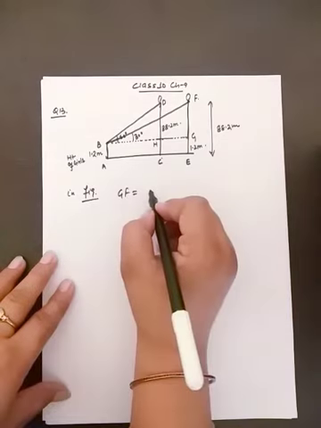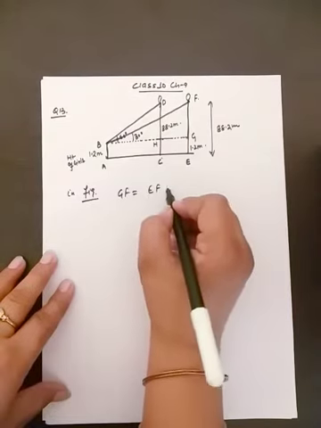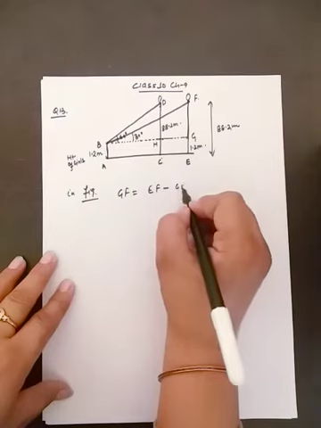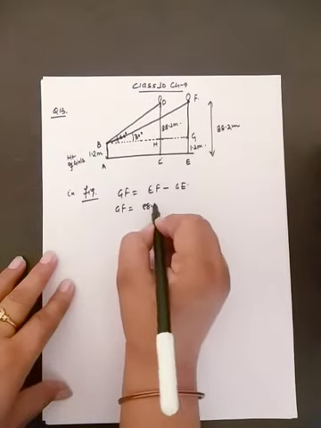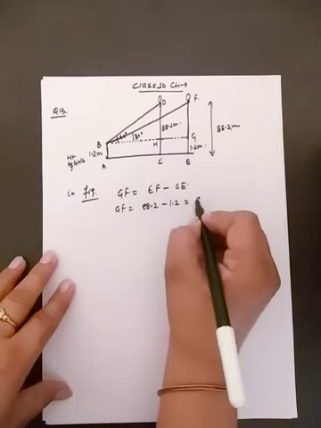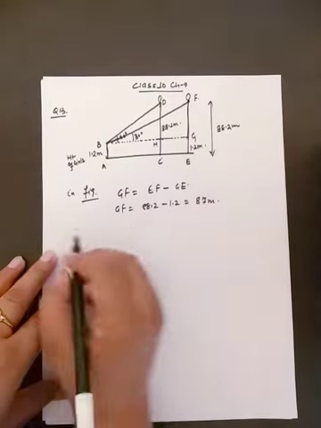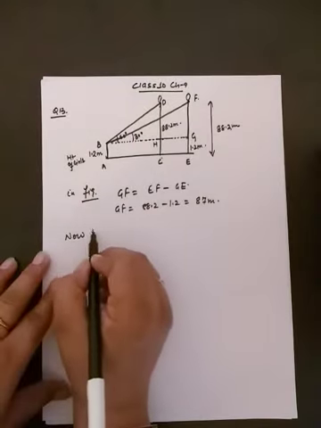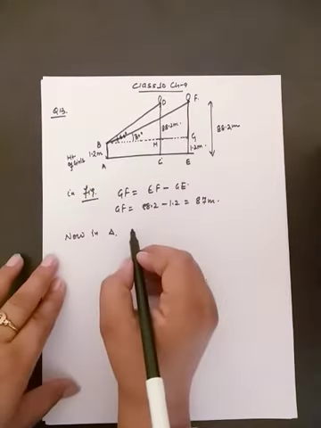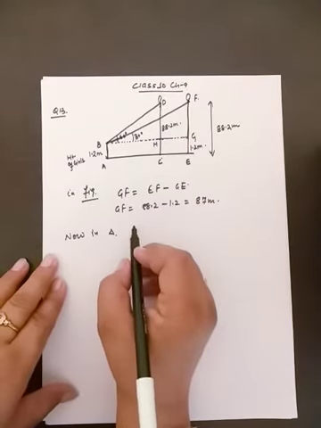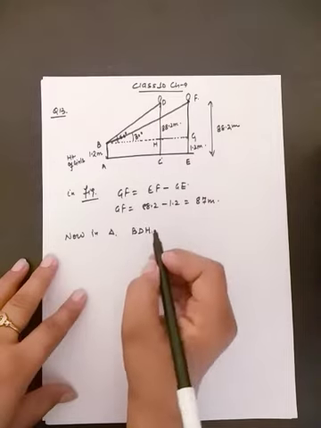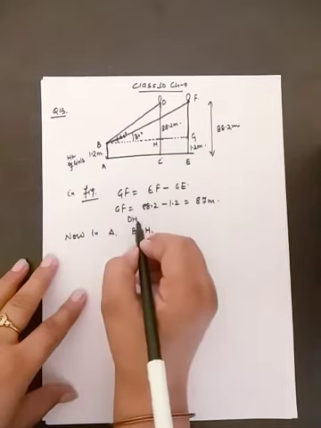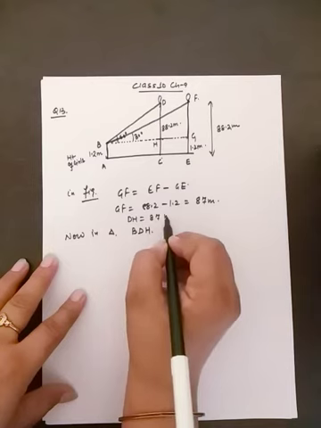GF is equal to EF minus GE and GF will be 88.2 meter minus 1.2, it will be 87 meter. Now in triangle BDH. So DH will also be 87 meter.